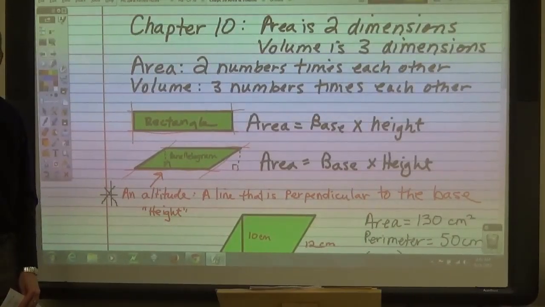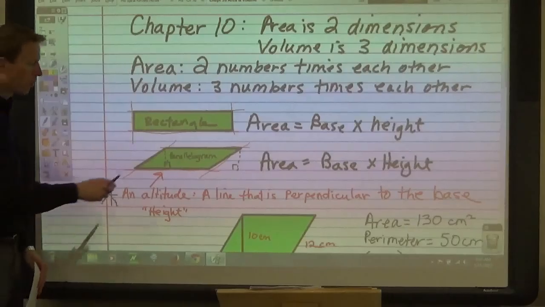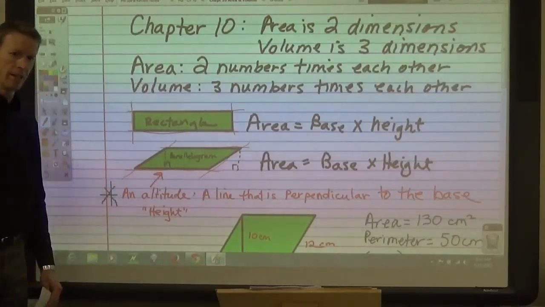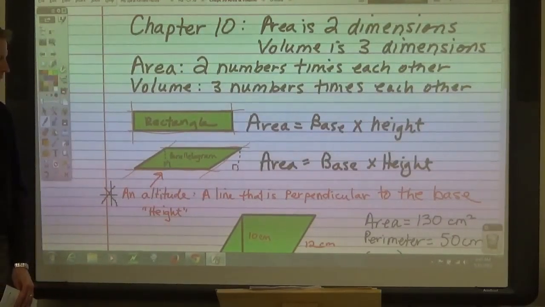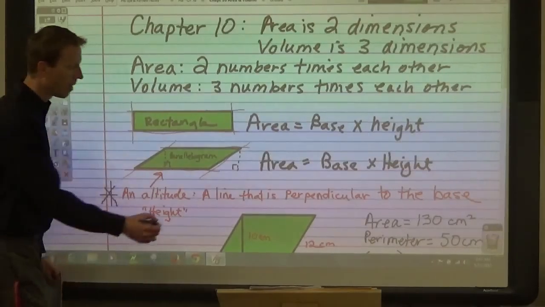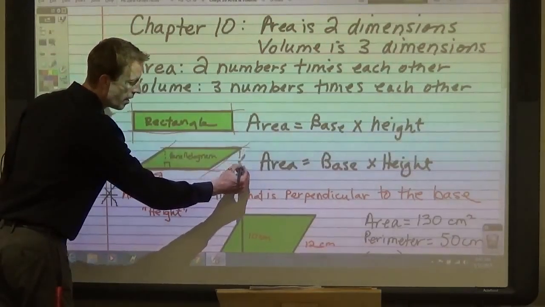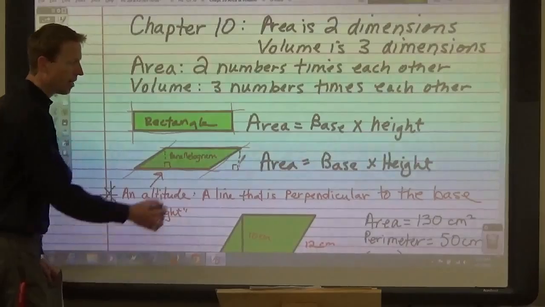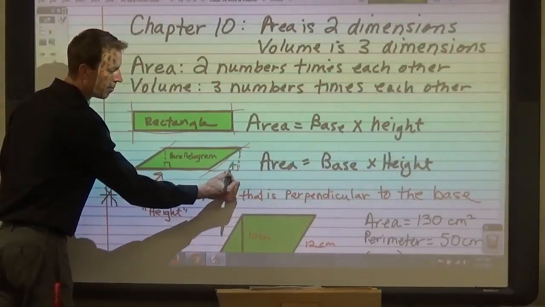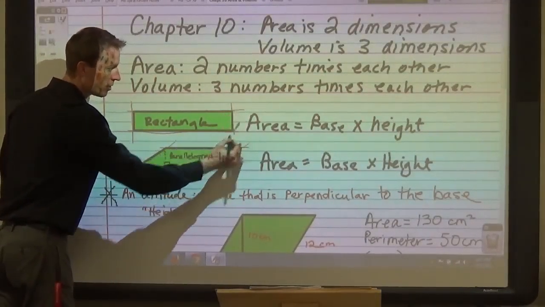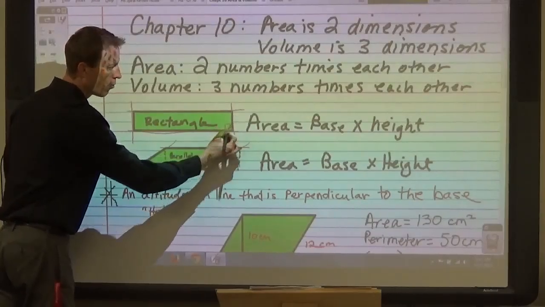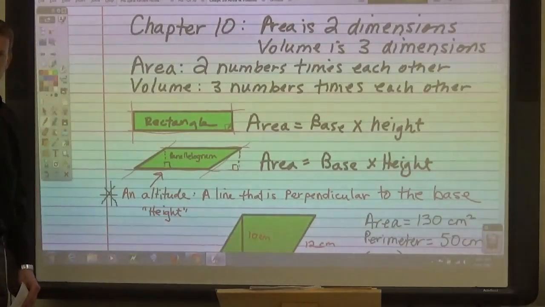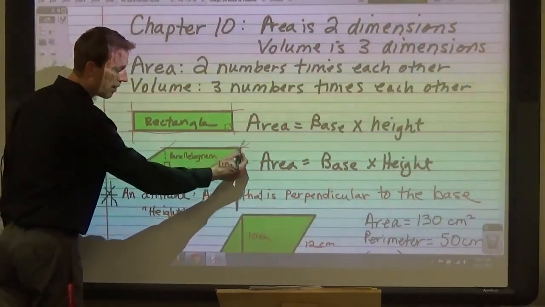The height has to go straight up and down. It has to be perpendicular to the base. So what we're looking for when we find the area of a parallelogram is a line, either imaginary, like this one, or the actual side, which forms a 90-degree angle to the base. And this is the line that we use for the height.